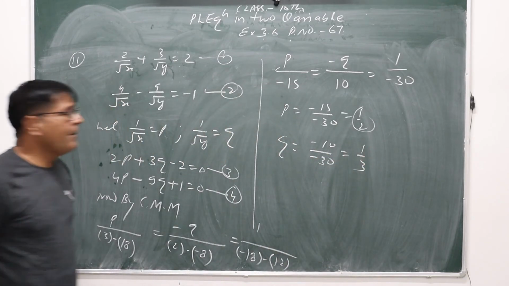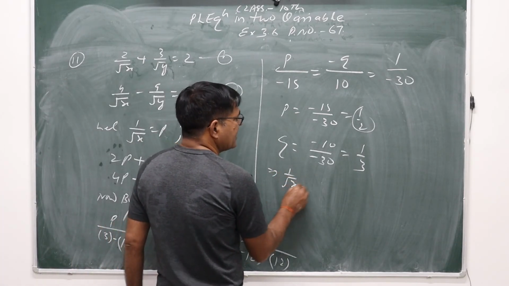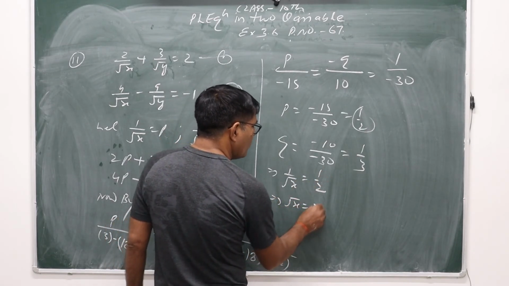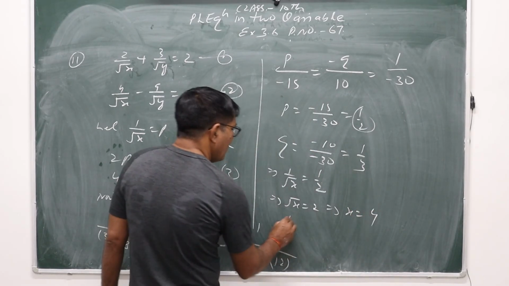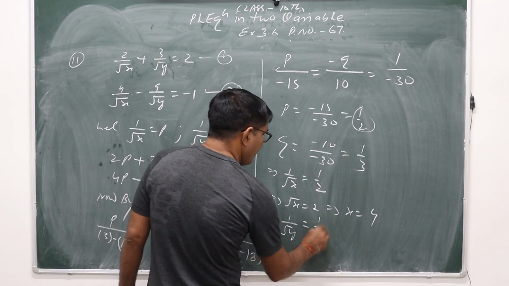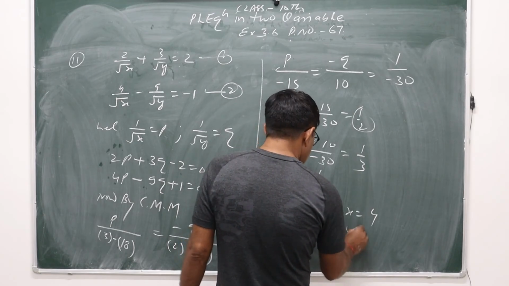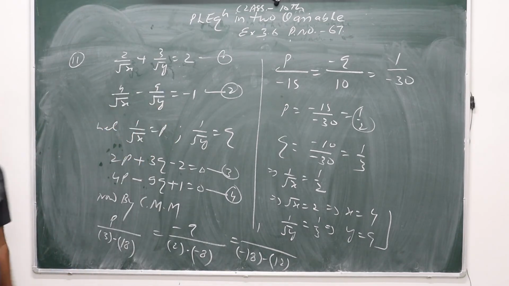Now what was p? p was 1 upon root x, implies that 1 upon root x is equals to 1 upon 2, implies that root x is equals to 2, squaring both sides implies that x is equals to 4, and 1 upon root y is equals to 1 upon 3 implies that y is equals to 9. So these are the values of x and y. So in this way, we can reduce in the standard form, and using any method, we can find the value of x and y. Pause the video and note down.